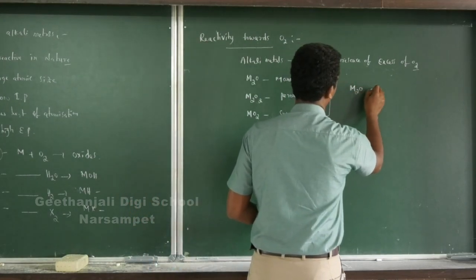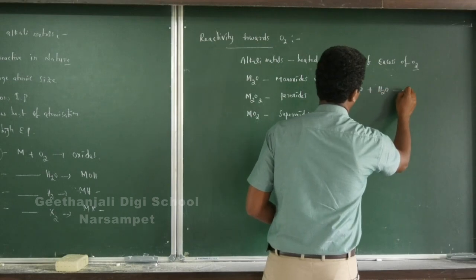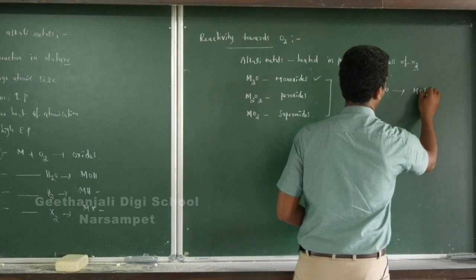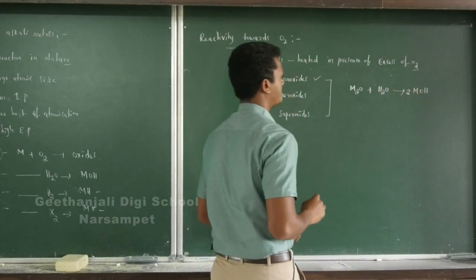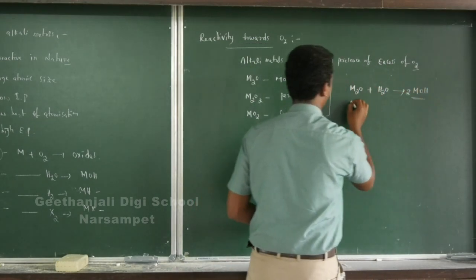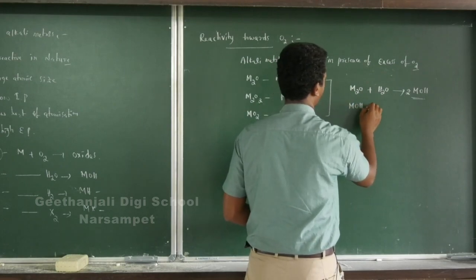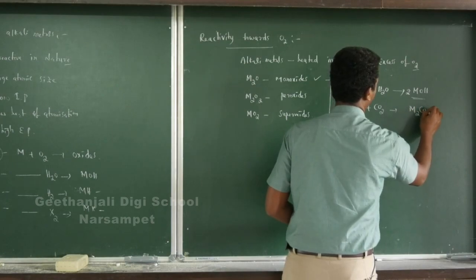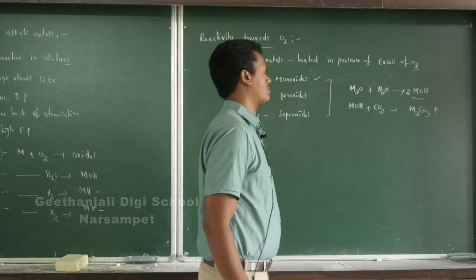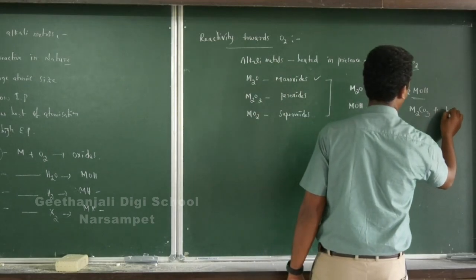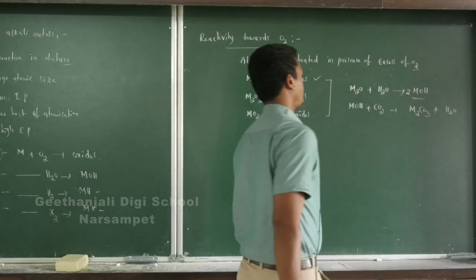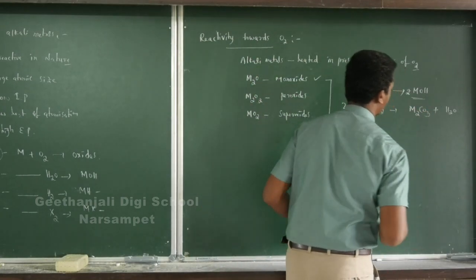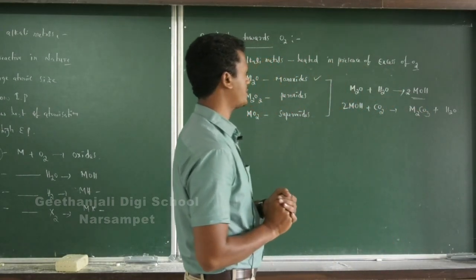When M2O contacts moisture in the atmosphere, it forms MOH type hydroxides. Further, these hydroxides react with carbon dioxide and form M2CO3 type carbonates with the formation of water. We require 2 moles of MOH: 2MOH + CO2 gives M2CO3 + H2O, that is the balanced equation.